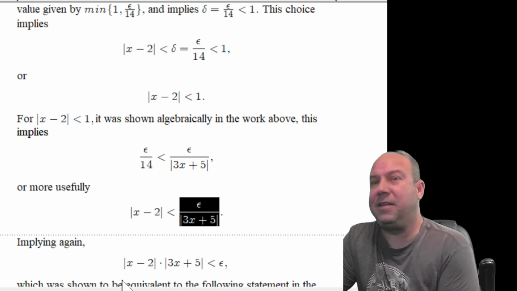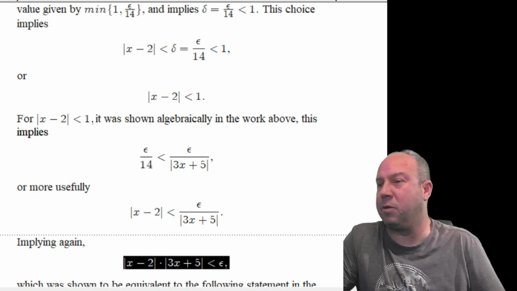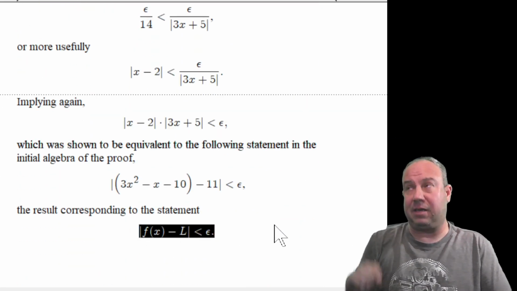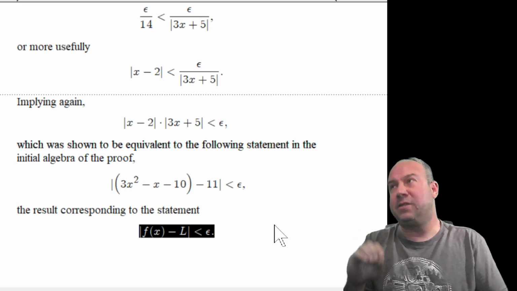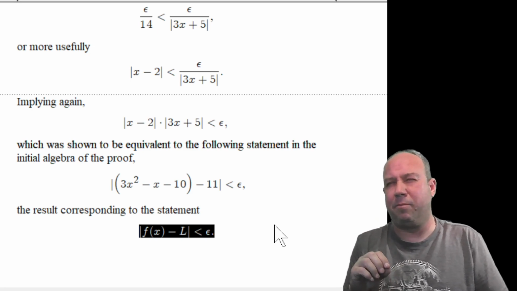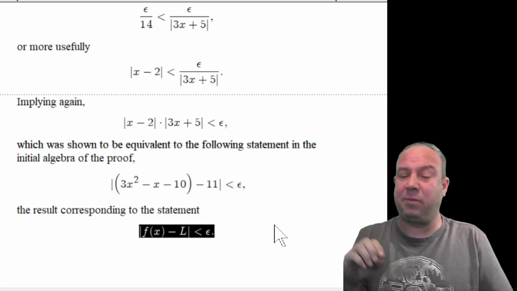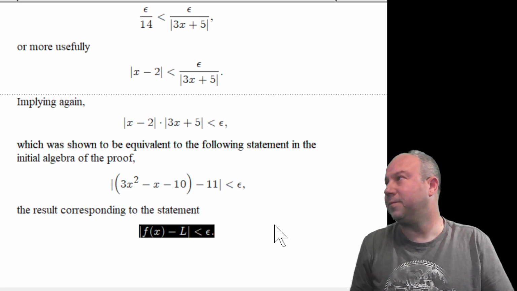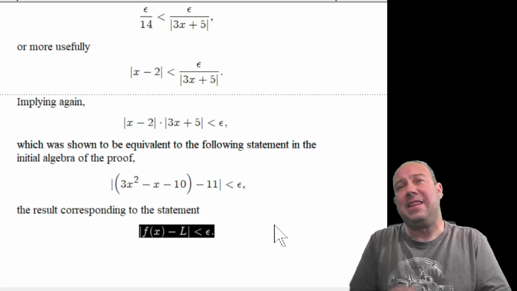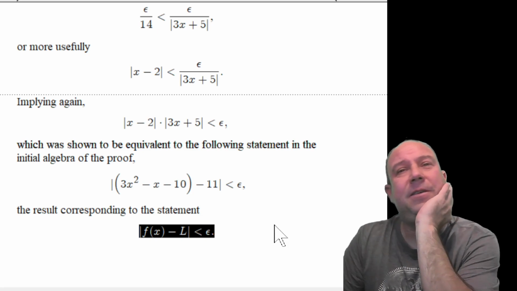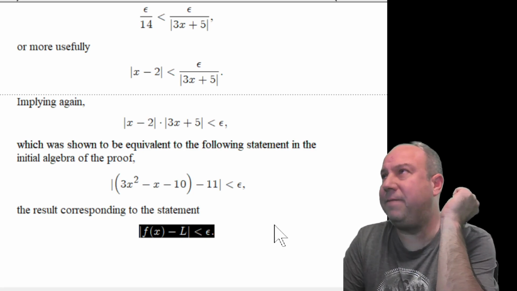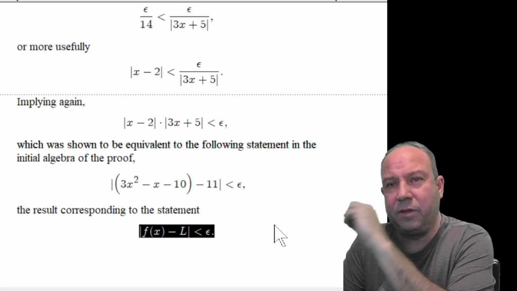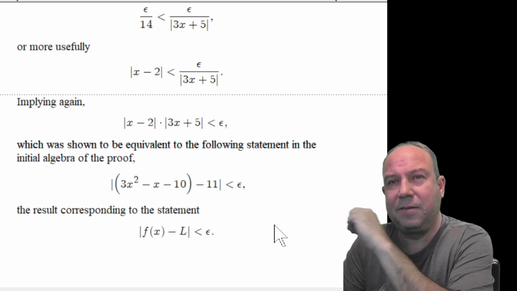Again, implying from the algebra above that we can draw this implication from the statement that the absolute value of x minus a must be less than our choice for delta. That is the epsilon delta definition for the case of the proof for this quadratic.